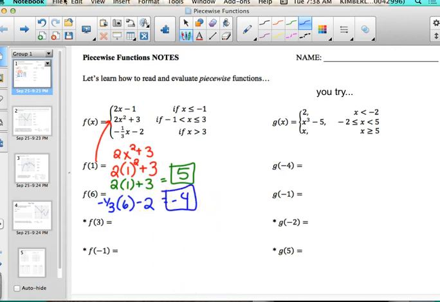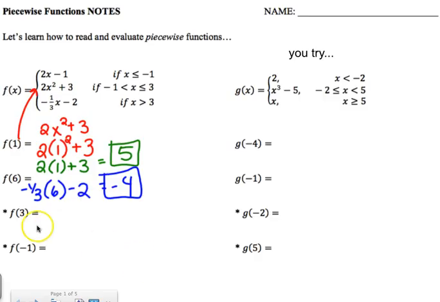Now, the last two have stars on them, and that's because they're kind of tricky. So 3, for example, I see two 3s up here. And so what that means is you have to figure out which one it would go into. And since it wants 3, that means it should be equal to 3, which means I should plug it into this middle equation. Okay? So sometimes you have to figure out which one to use. So I would say 2, plug in 3, squared, plus 3.